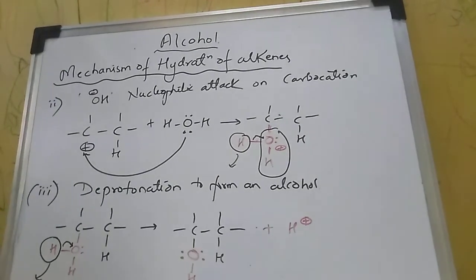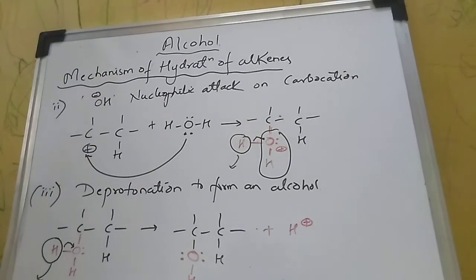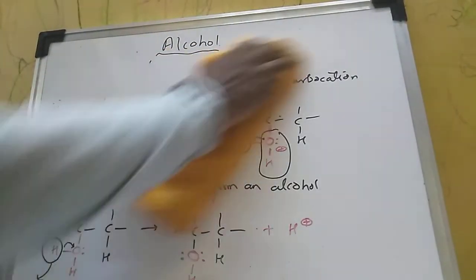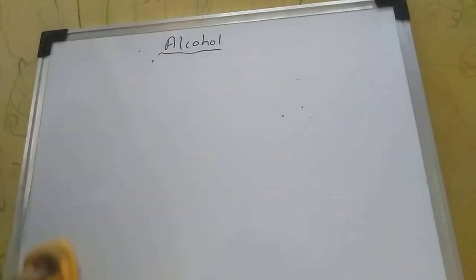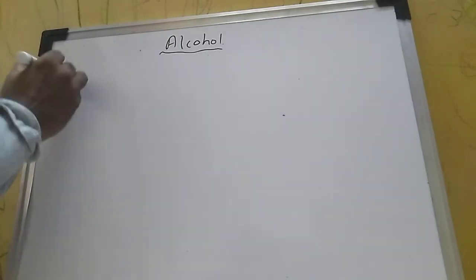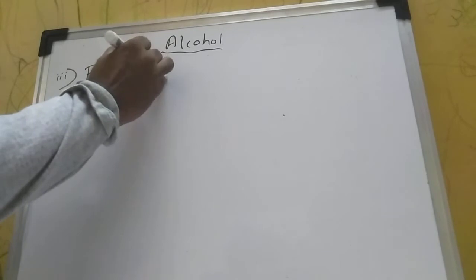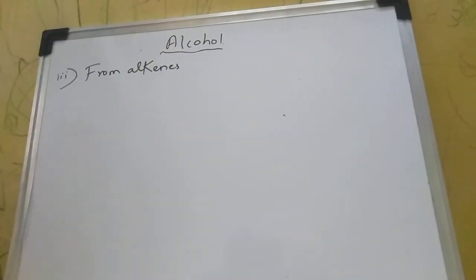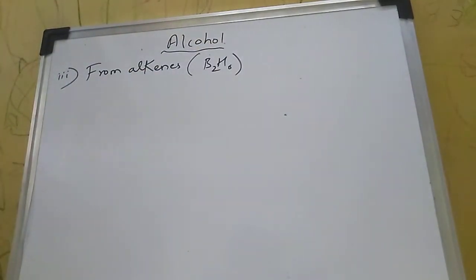Now the next preparation is from alkenes itself. Third preparation from alkenes by using B2H6, diborane.